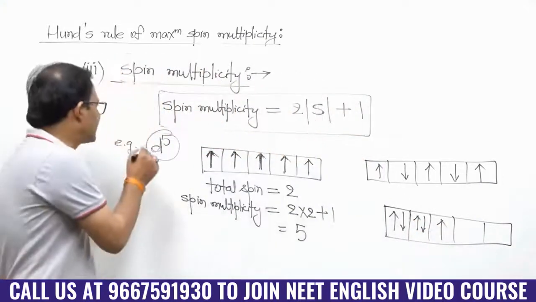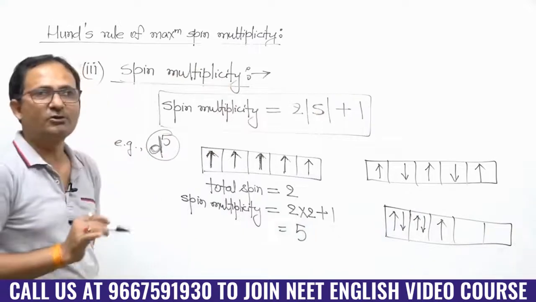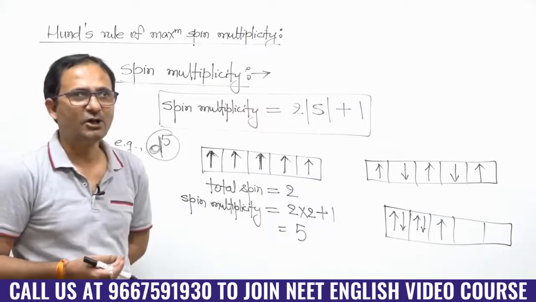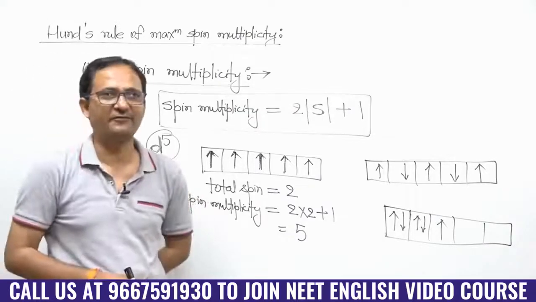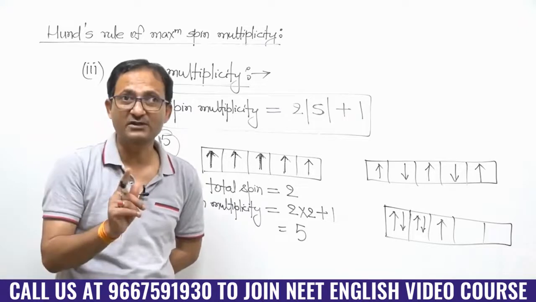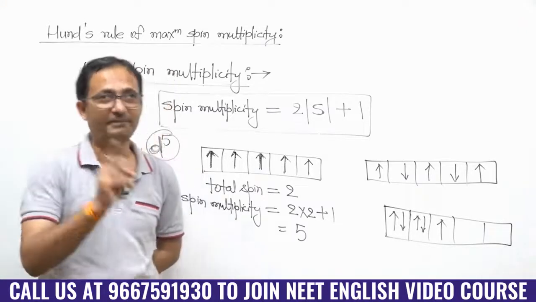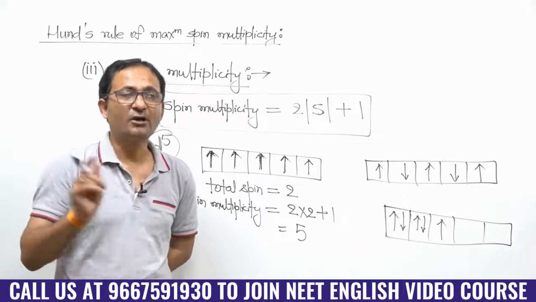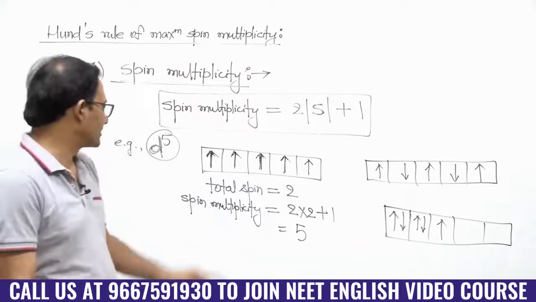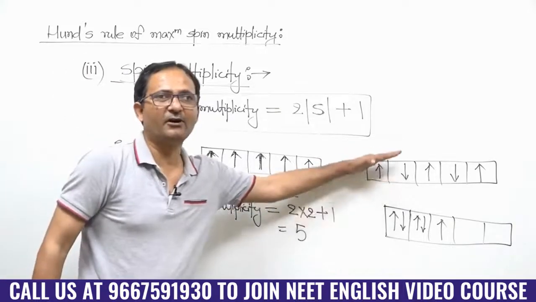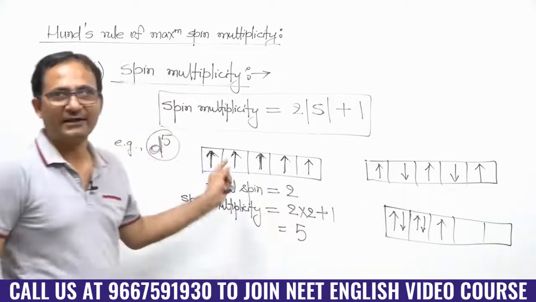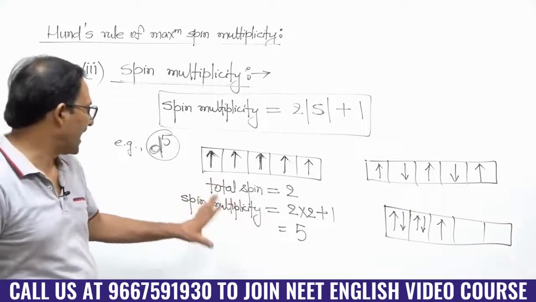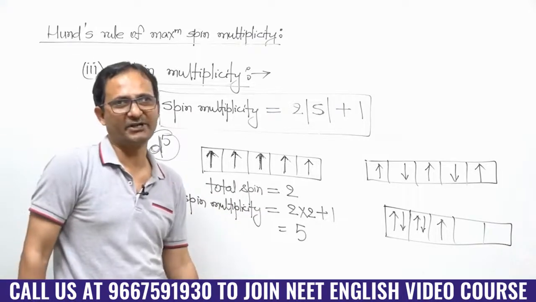I mean, if I say d5, there can be so many possible arrangements to fill these 5 electrons in 5d orbitals, but we have to select which arrangement will be permissible, which will be more stable. Then we have to find the spin multiplicity for all these arrangements, and that arrangement will be valid which has maximum spin multiplicity.